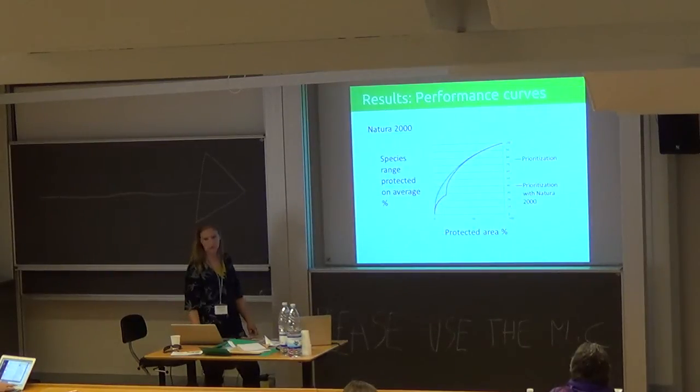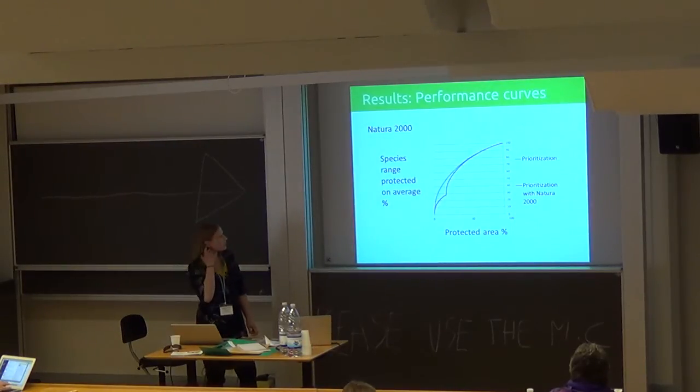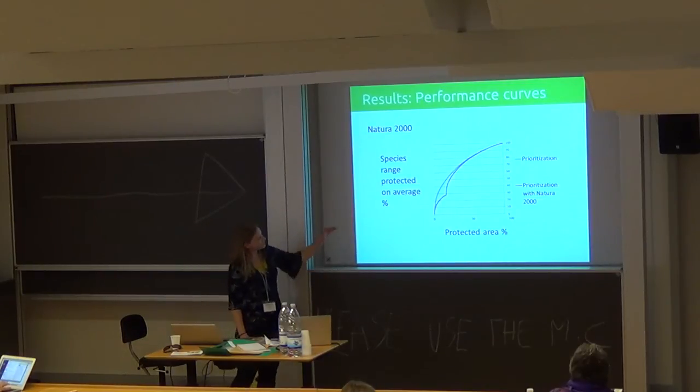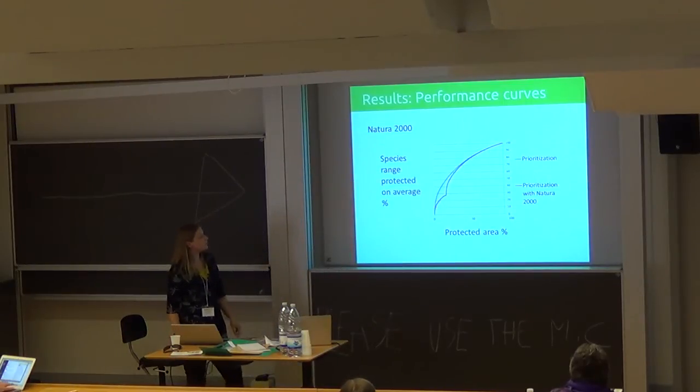Next, I'll show you the performance curves for the same analysis. So here you can see there is this strange kind of curve that tells you how the prioritization with Natura 2000 is shown in the red line, and the prioritization without any hierarchical mask is shown in blue.